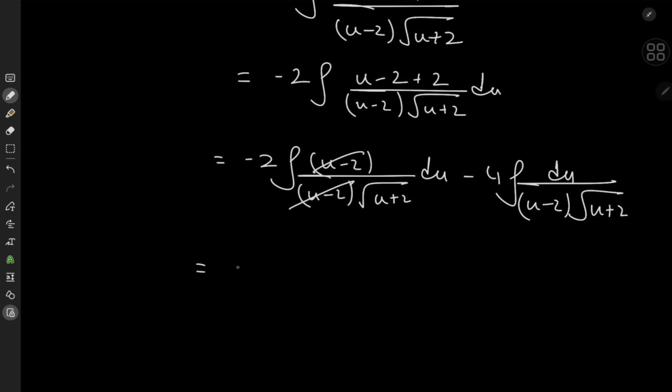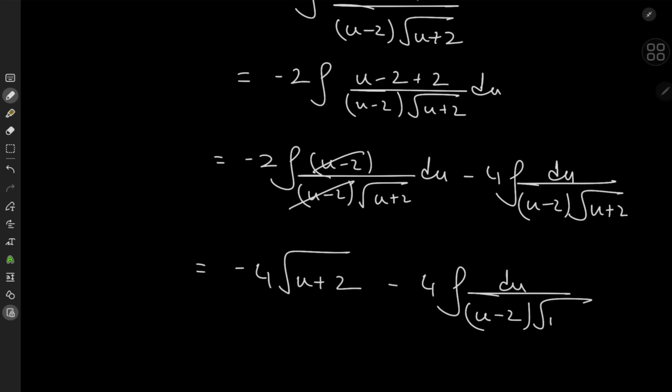So that leaves us with minus 2 times the integral of u plus 2 to the negative 1/2 du, which is pretty straightforward. That's just u plus 2 to the 1/2 over 1/2, and simplifying gives us minus 4 times root u plus 2 minus 4 times this fascinating looking integral, that is du over u minus 2 times root u plus 2.